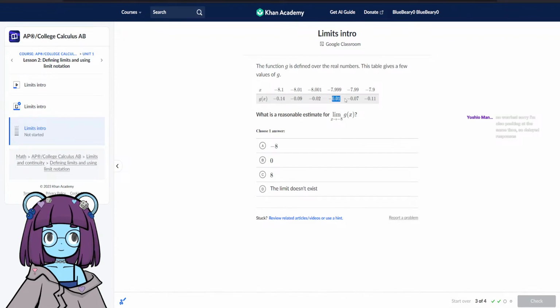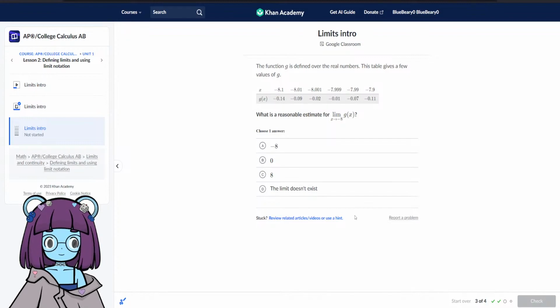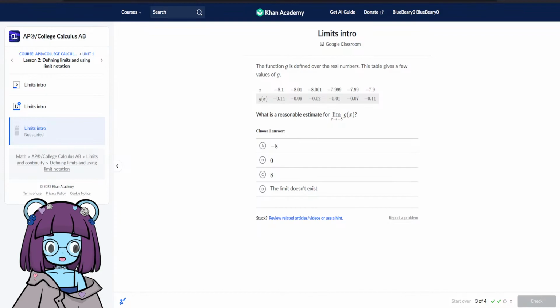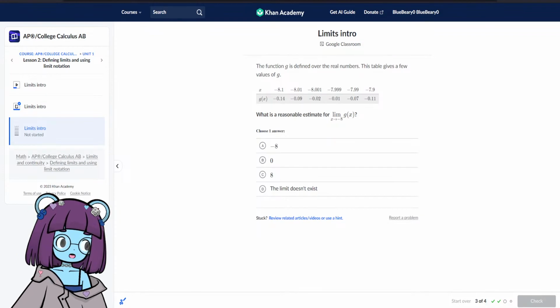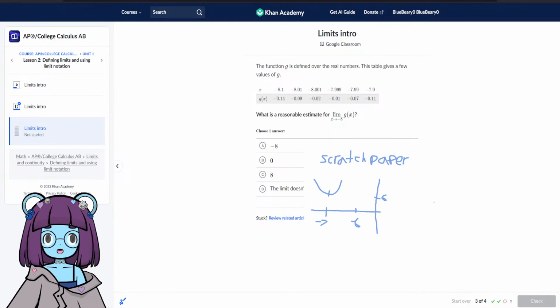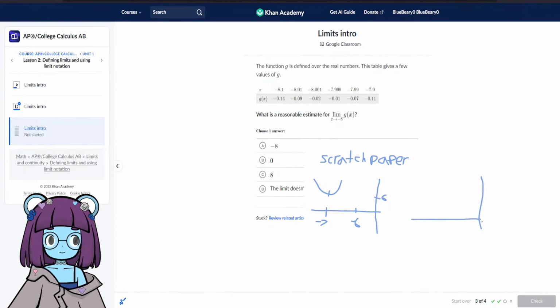So it approaches 0.01, and so it's still negative. I'm going to go back to my scratch paper and try to draw it out so I can visualize it. So I'll draw that one here, here, and here. I want to see what -8 looks like. Oh, that's a horrible 8.